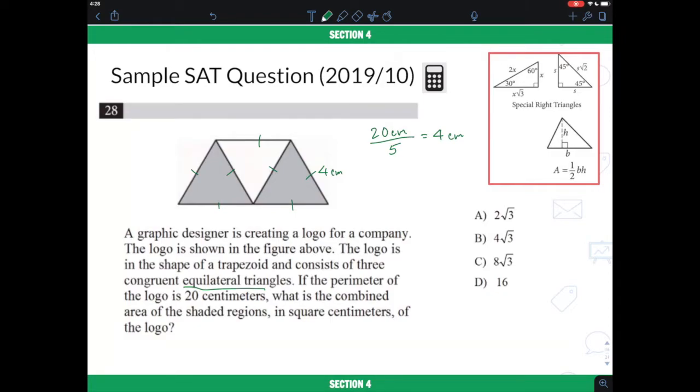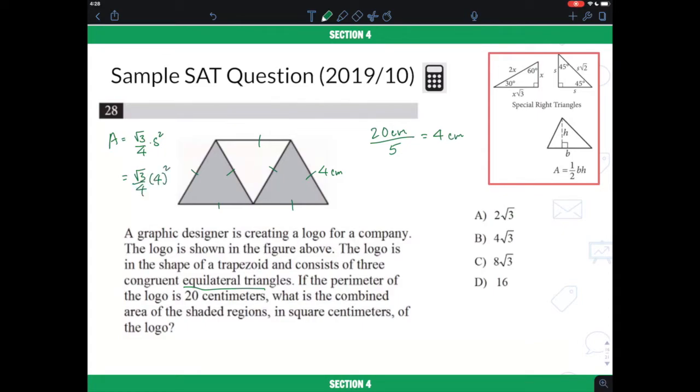The area is equal to square root 3 over 4 times the side squared. If you know that, you can simply plug the side length into this equation, solve for the area of one equilateral triangle, and multiply it by 2. So I can go ahead and do that. It's going to take only a small amount of time.